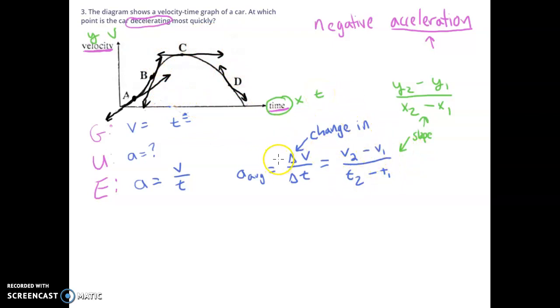Okay, so what we are then looking at for point A, right? We're kind of looking at the slope or steepness of this graph, if you will.